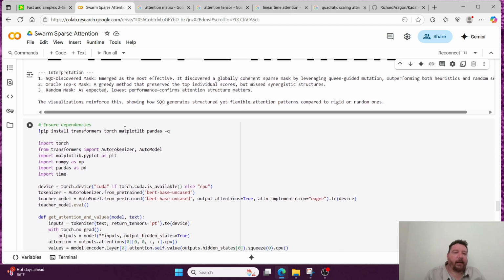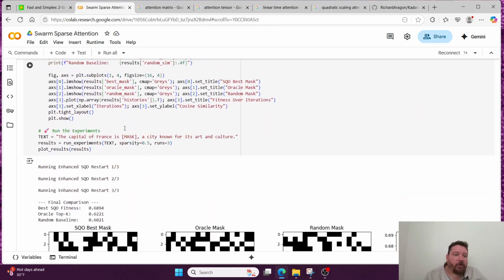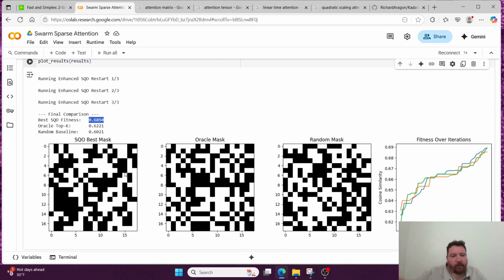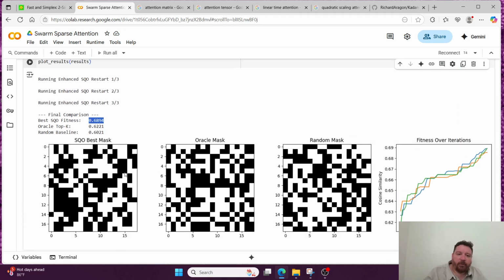Then I wondered whether I could improve this SQO algorithm even further, and I get it up to 69%, basically 68.94. That's a significant jump, almost a 7 percentage point improvement over the Oracle Top-K. So it's a massive improvement over all the normal sparse attention mechanisms and the way people are calculating these things, just by incorporating swarm algorithms.